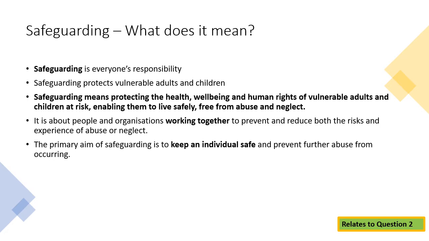Safeguarding means protecting the health, well-being and human rights of vulnerable adults and children at risk, enabling them to live safely, free from abuse and neglect. It's about people and organisations working together to prevent and reduce both the risks and experience of abuse or neglect. And the primary aim of safeguarding is to keep an individual safe and prevent further abuse from occurring.